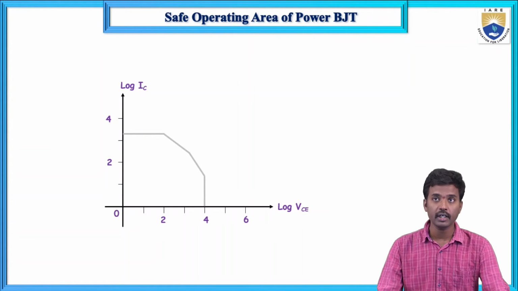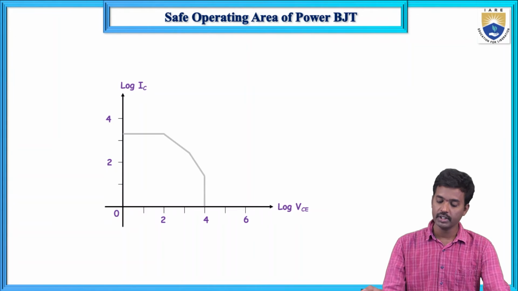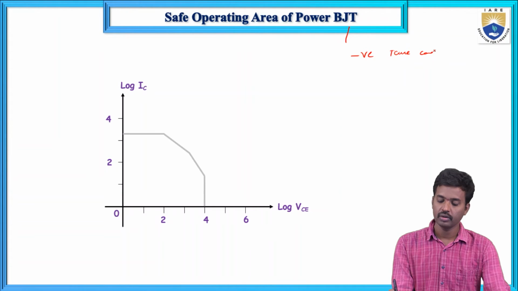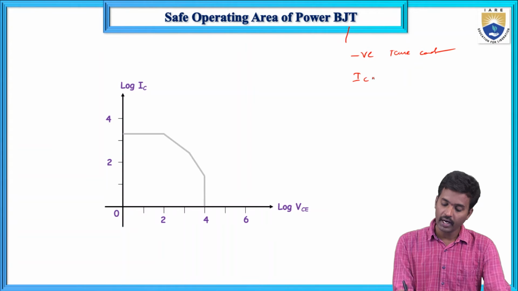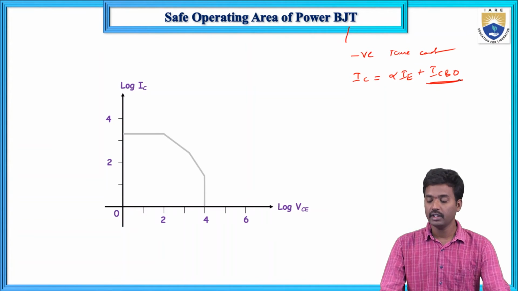What about the secondary breakdown? Secondary breakdown means the power BJT has a negative temperature coefficient. We know IC equals alpha into IE plus ICBO. This is the leakage current or reverse saturation current.